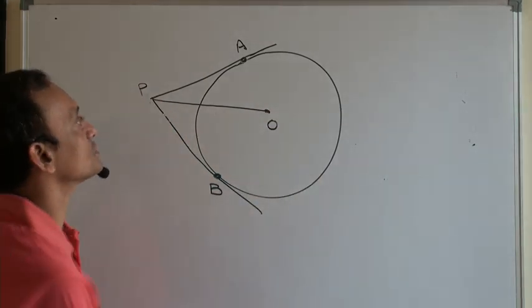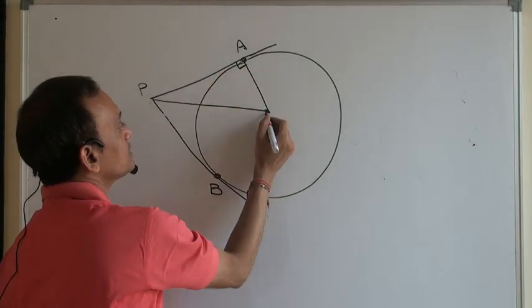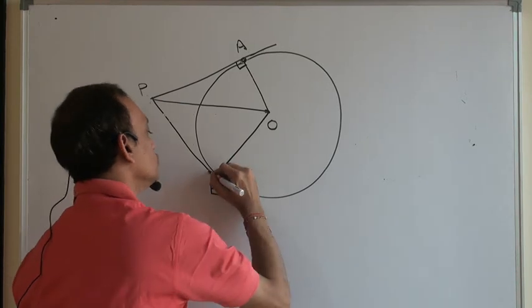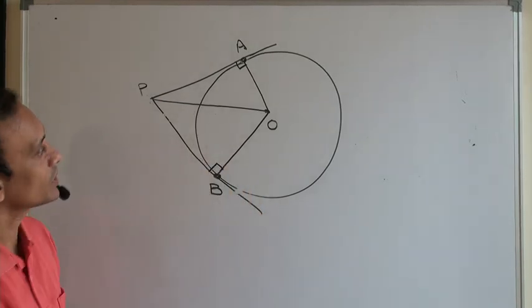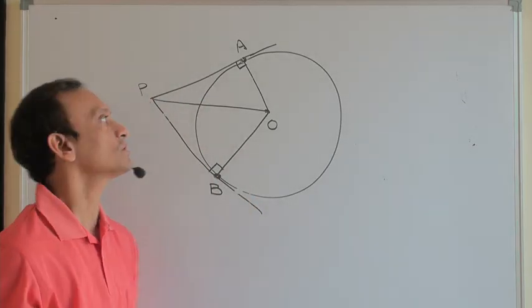OA will be perpendicular to this tangent. OB will be perpendicular to this tangent, right? The radii at the point of tangency are perpendicular to the tangents. That's a property of the tangent.